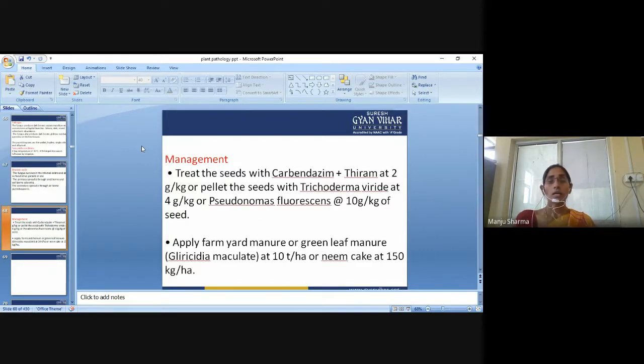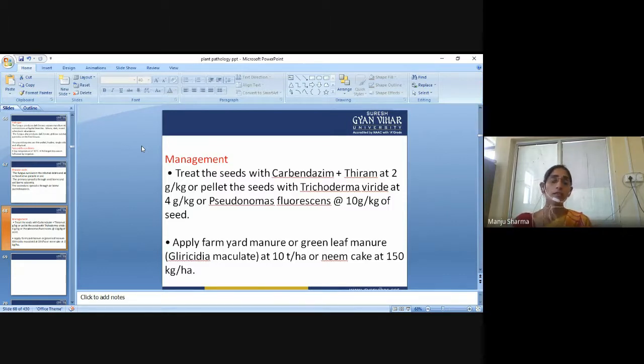Management: treat the seeds with carbendazim or thiram at 2 gram per kg, or pellet the seeds with Trichoderma viride at 4 gram per kg or Pseudomonas fluorescens at 10 gram per kg of seeds.